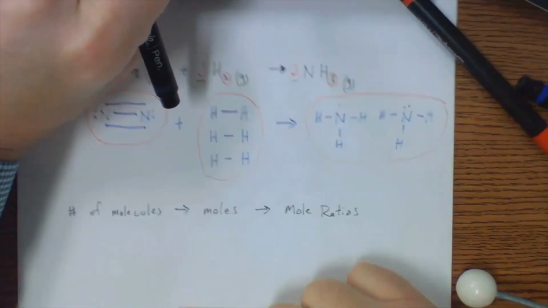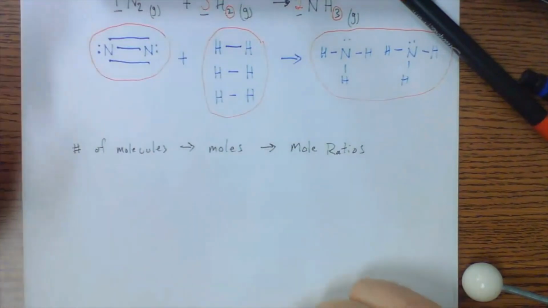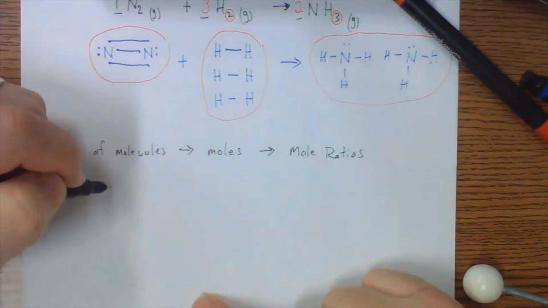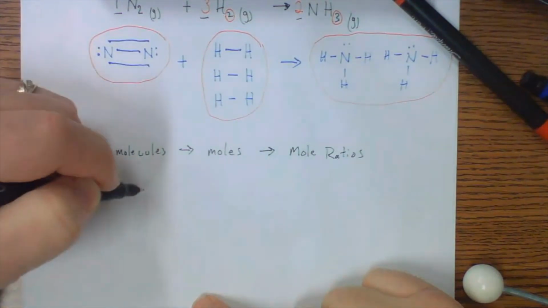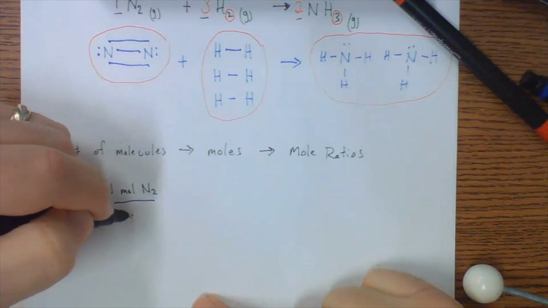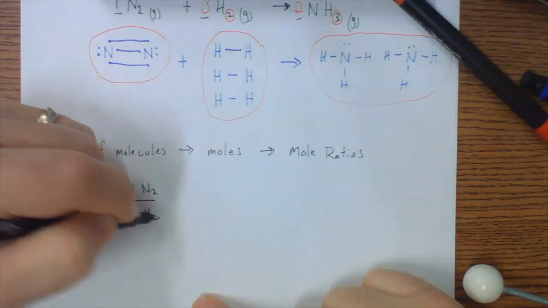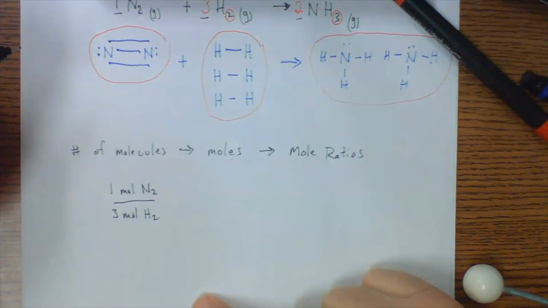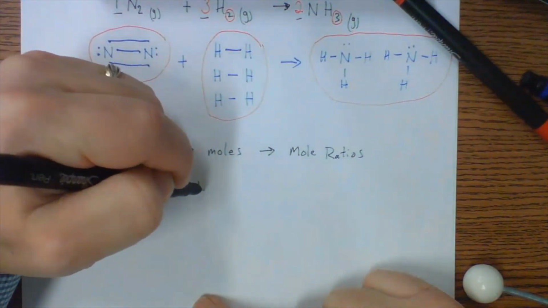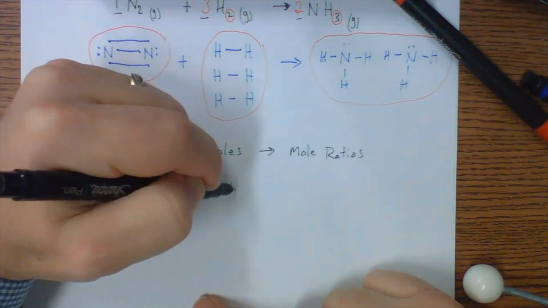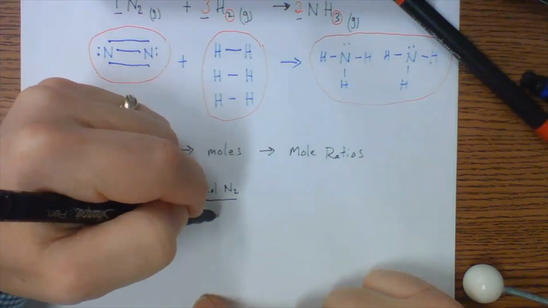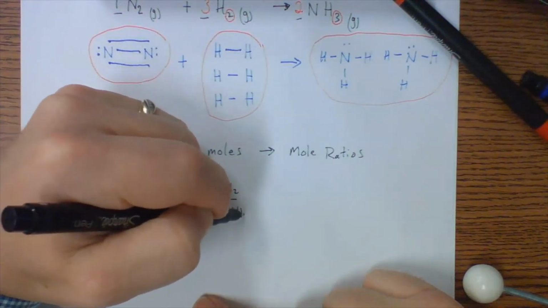Now what I like to do is we're going to actually make these into fractional pieces. So let's go ahead and make a ratio. It's 1 mole of N2 to every 3 moles of H2. That would be an example of a mole ratio. We could also do for every 1 mole of N2, we can produce 2 moles of NH3.